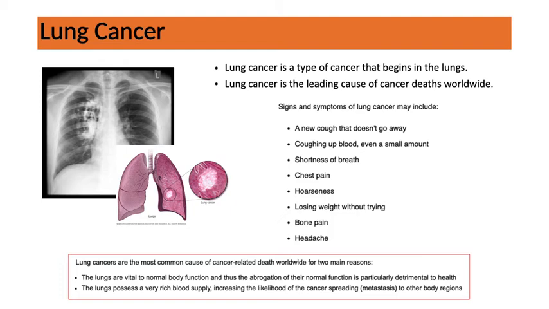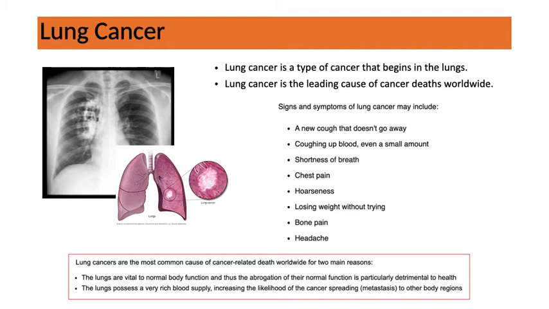Breathing is very essential, very crucial for life to continue. So if the lungs are invaded by cancer cells, the normal function cannot happen anymore. And because breathing is so essential, it has a very significant impact. That's why lung cancer is the number one cancer that leads to death in the world.